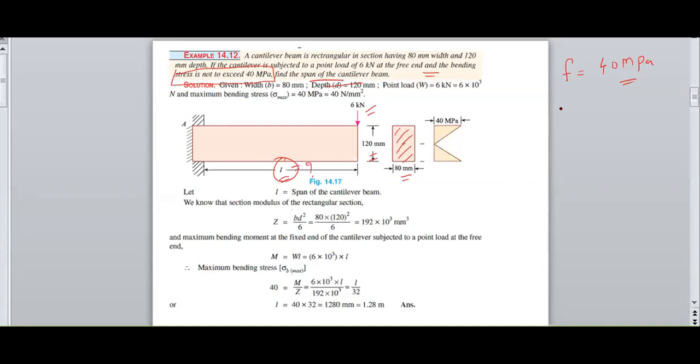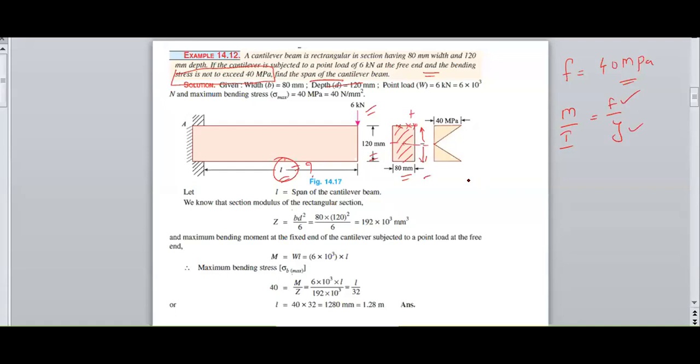So the formula is the same, M by I is equal to f by y. f is a given value now, and y we can find here. It is symmetrical about the neutral axis. Therefore, y will be the same in the positive direction and the negative direction.